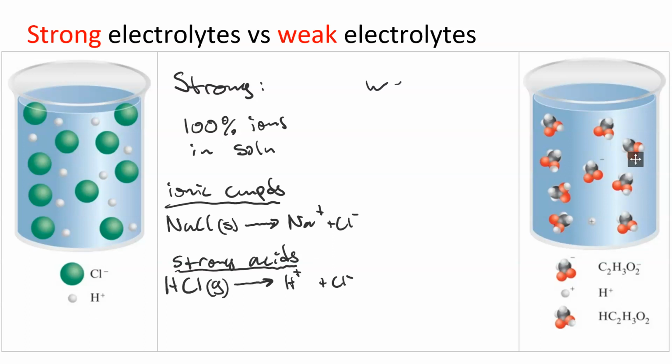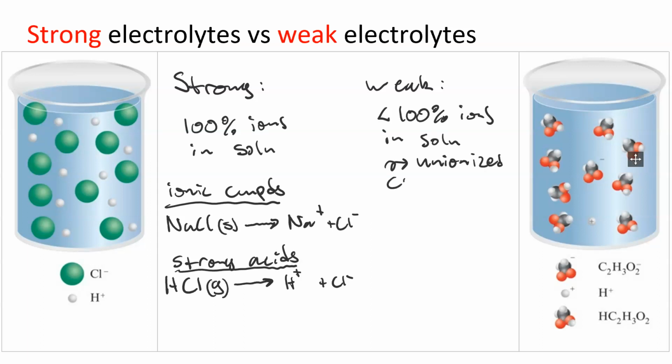Weak electrolytes, on the other hand, are less than 100% ions in solution. So that means some unionized compound is present.